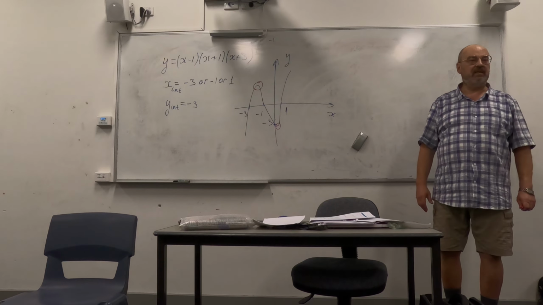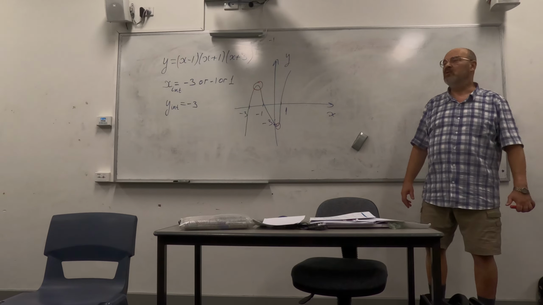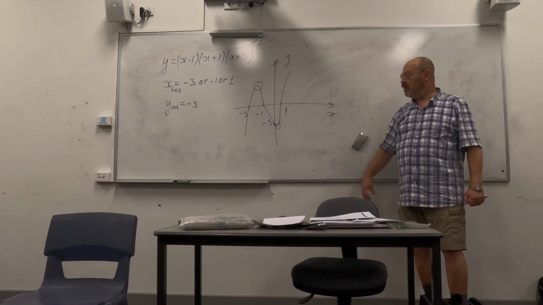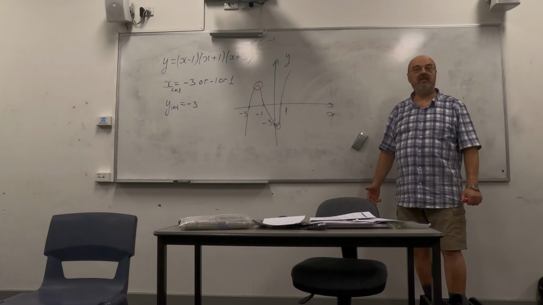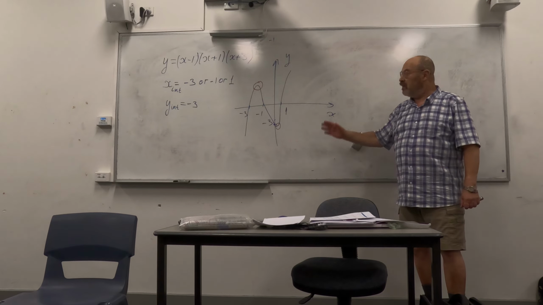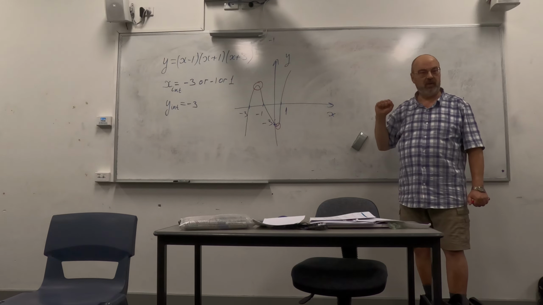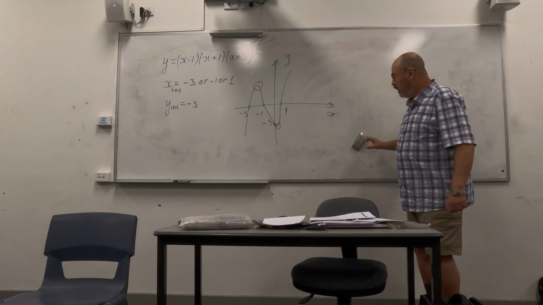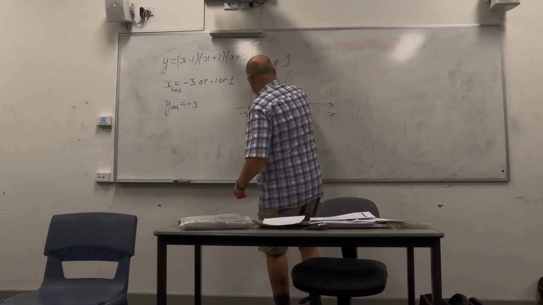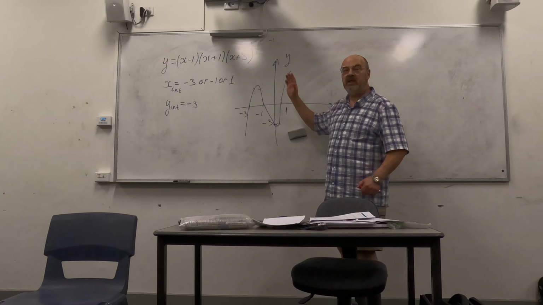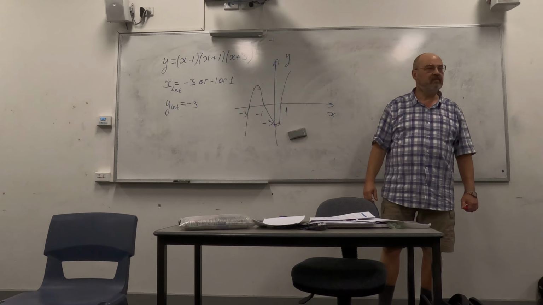If it's CAS active, technology active, you can use technology to analyze the graph and find the maximum and minimum. If it's Tag 3, you don't worry about those values. That's one case. Does it make sense how to sketch a cubic in factorized form? Any questions?